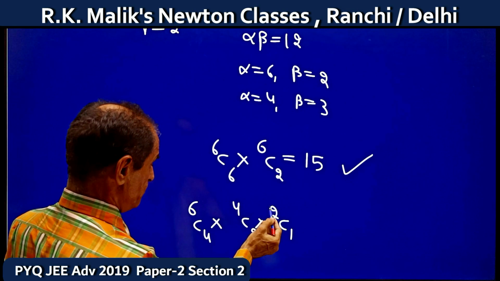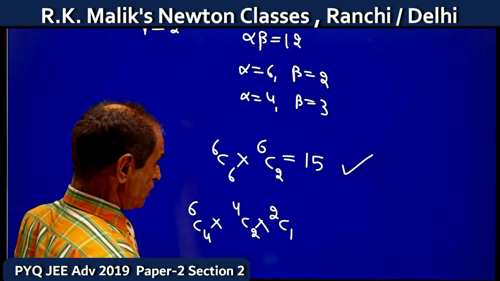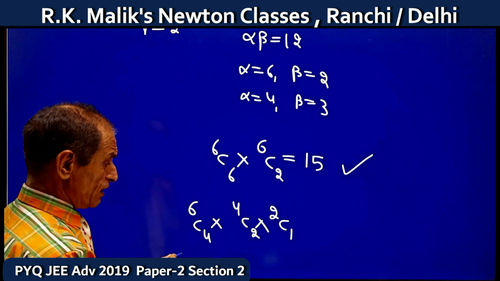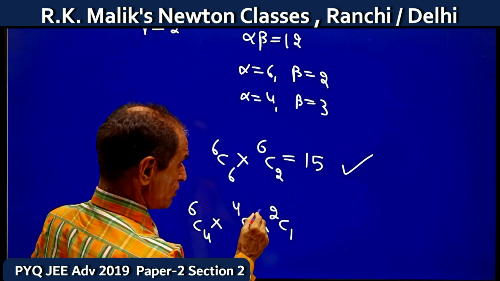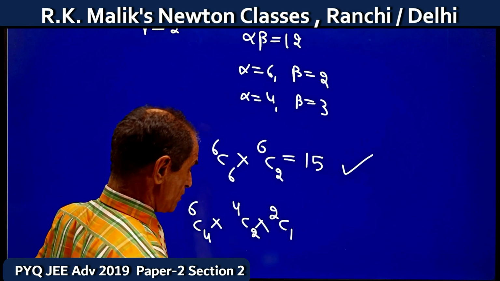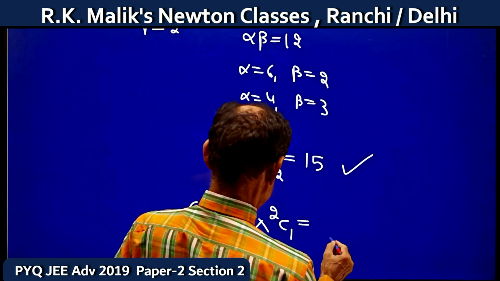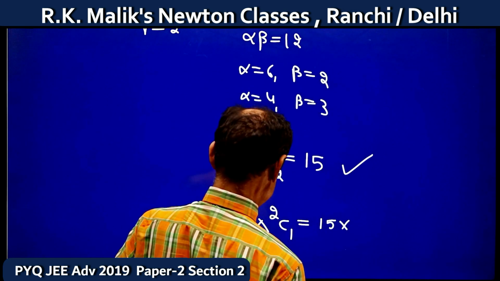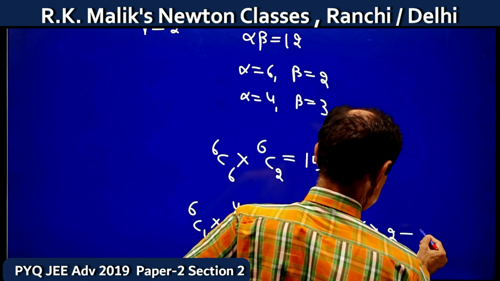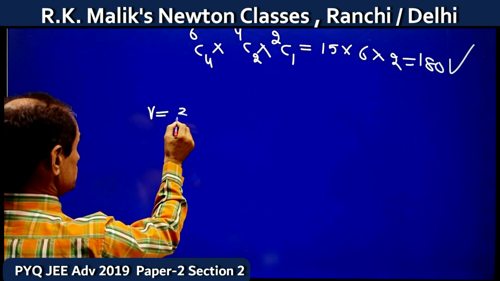And the remaining 1 element of the set B should be from those 2 elements which are not in A. Therefore, the third element of the set B can be chosen in 2C1 number of ways. Therefore, this is equal to 15 into 6 into 2, that is again 180.